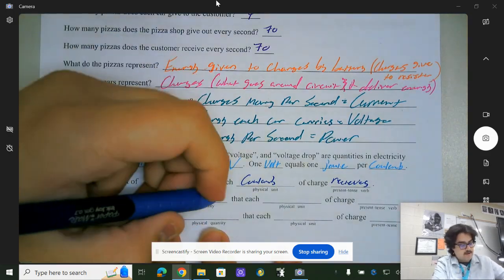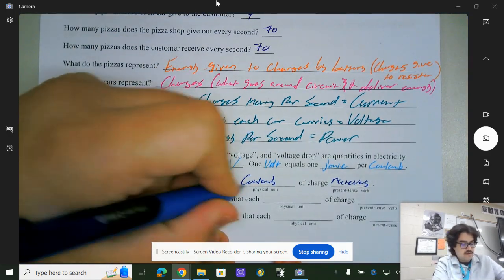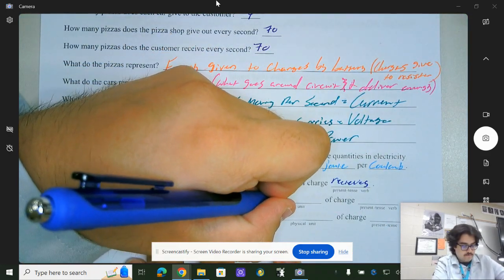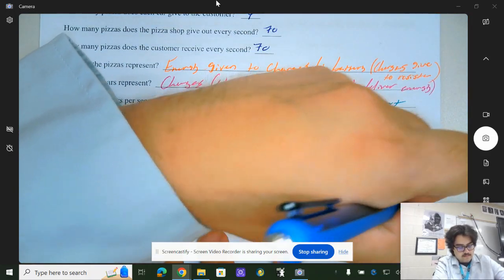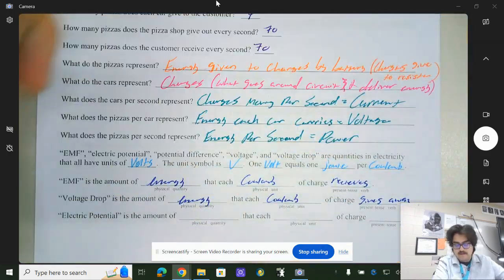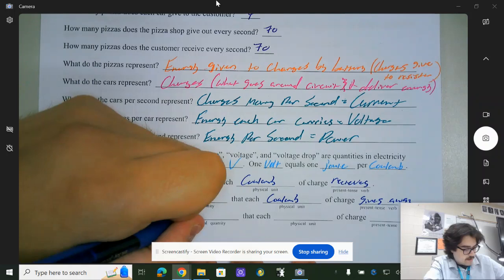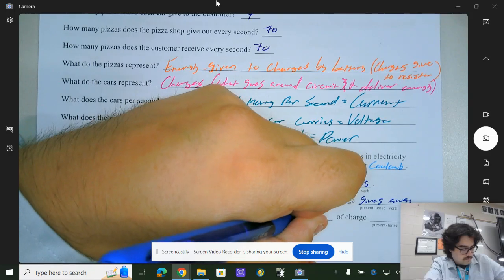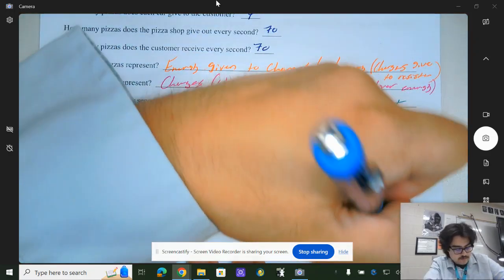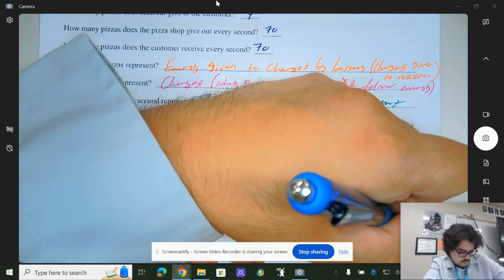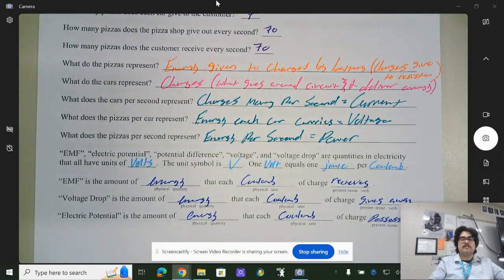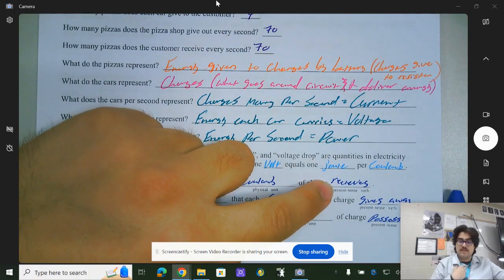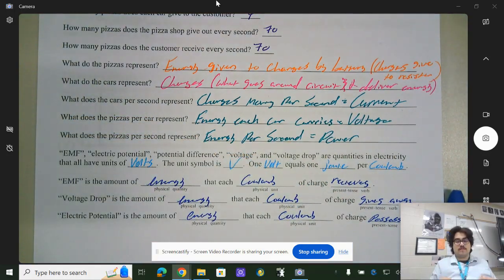Voltage drop is the amount of energy that each coulomb gives away. And electric potential is the amount of energy that each coulomb of charge possesses. You can kind of see: receiving, giving away, holding, right?